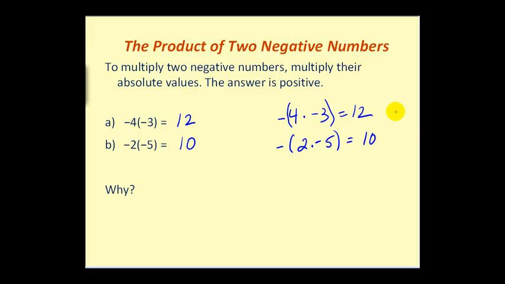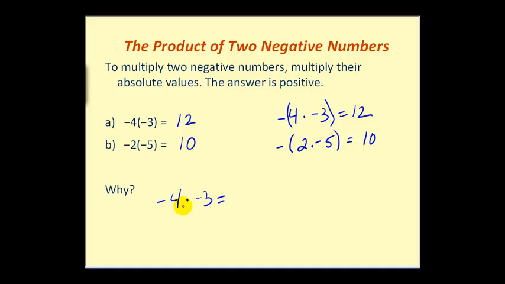If that's still not convincing enough, we could go back to the idea of multiplication being repeated addition. If I take a look at negative 4 times negative 3, well here if I want a negative number of negative 3's, this would translate into repeated subtraction.